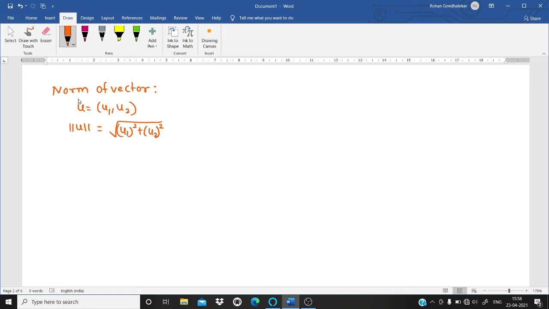That is, it gives me the length of vector u or the magnitude of the vector u from the origin. See this. Here is a vector u1 comma u2. Now here it is from the origin. Now this is my vector u. What is its norm? That means what is its length or say magnitude?